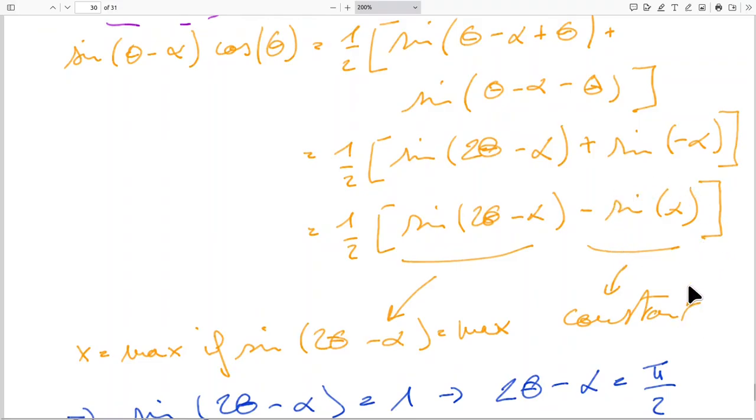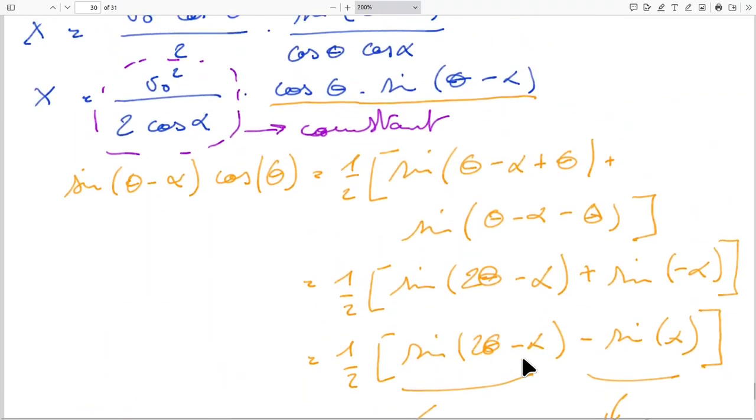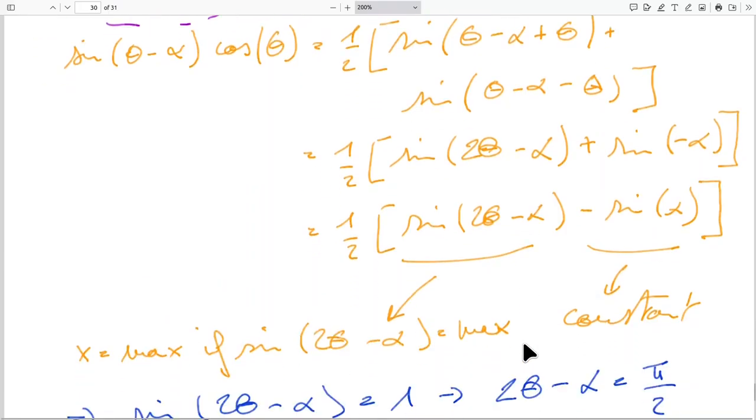Now the sine of alpha is again constant, so the only thing that changes in the whole formula is the sine of 2 theta minus alpha.